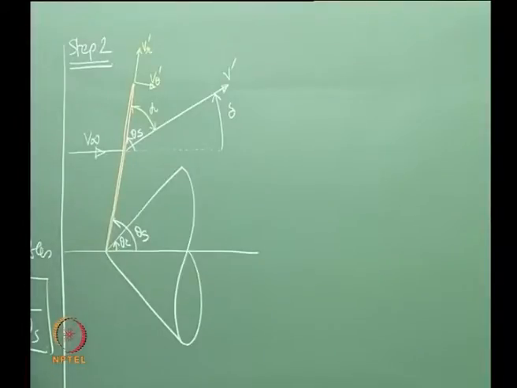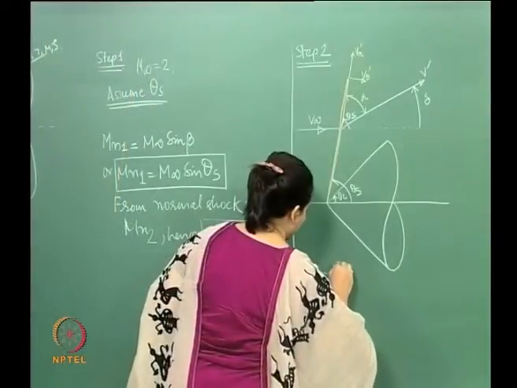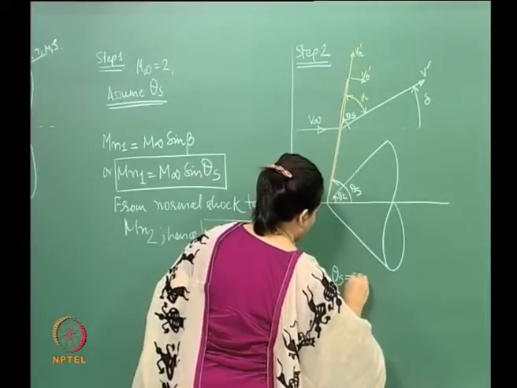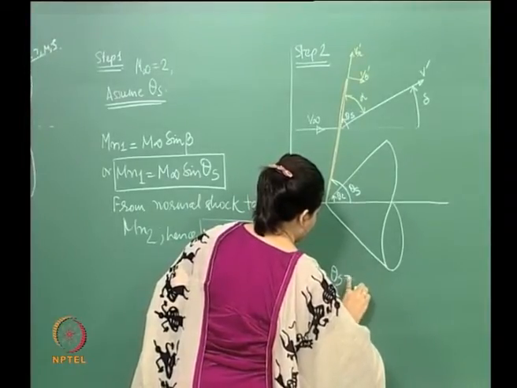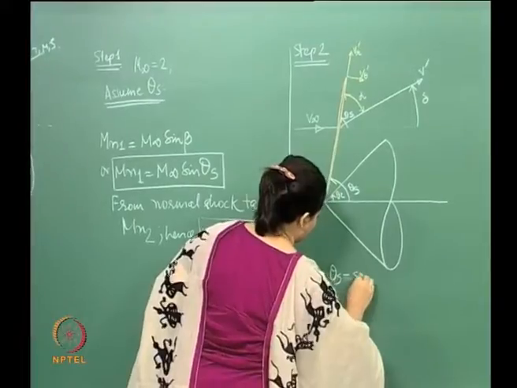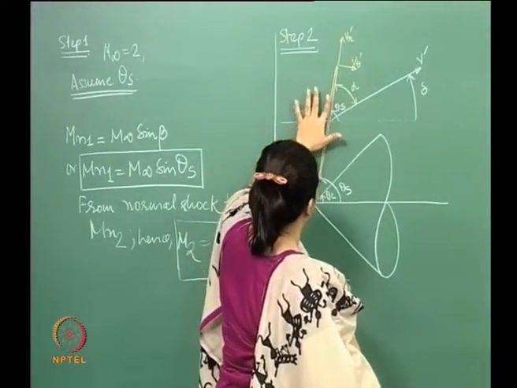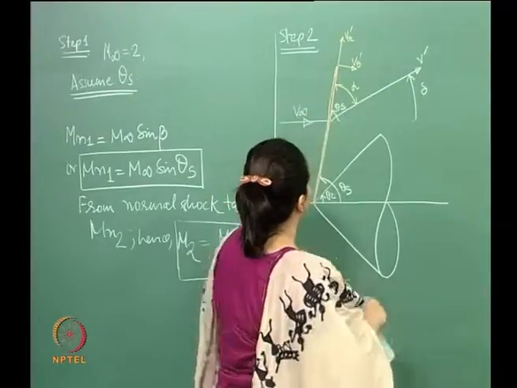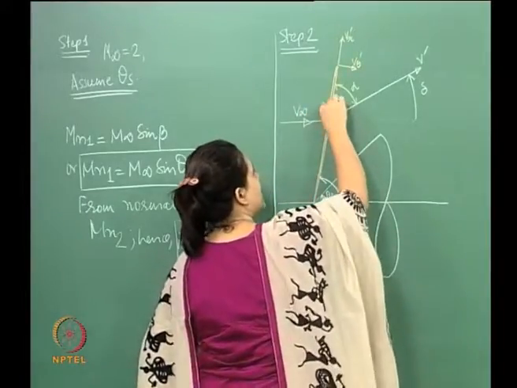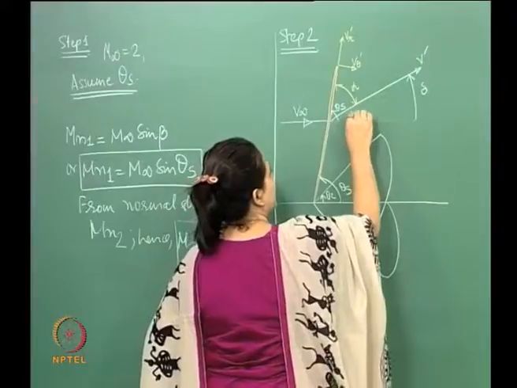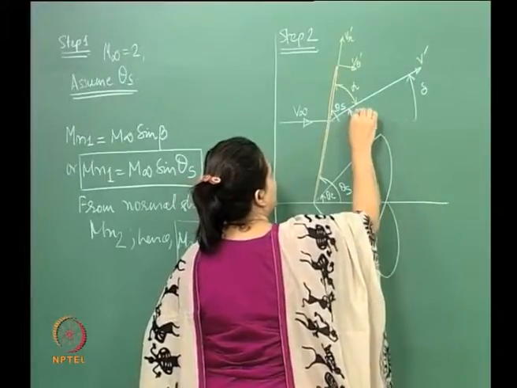Now if you look at this picture itself, this alpha is basically theta s minus delta. So this alpha is theta s minus delta.